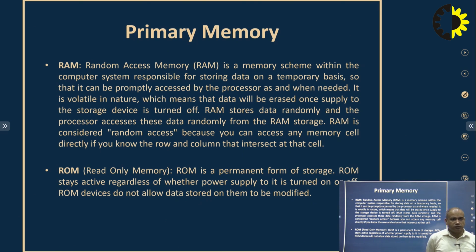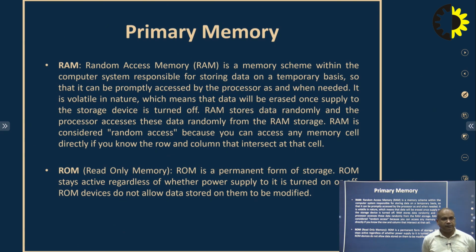RAM stores data randomly and the processor accesses this data randomly. RAM is considered random access because we can access any memory cell directly if we know the row and column that intersect at that cell.